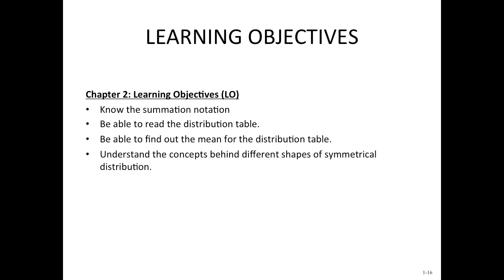So, chapter 2: know the summation notation, be able to read a distribution table, be able to find the mean for the distribution table, and understand the concepts behind different shapes of symmetrical and skewed distributions.